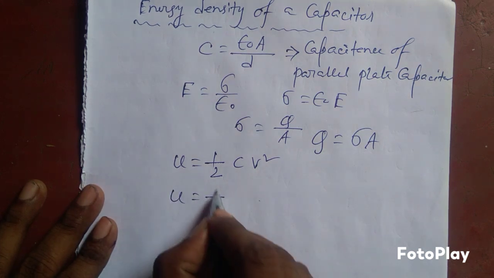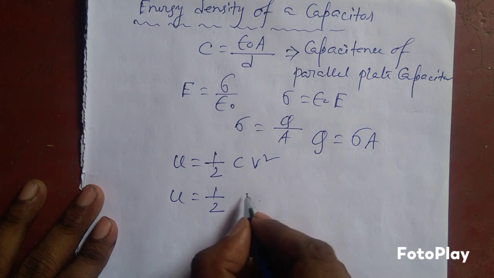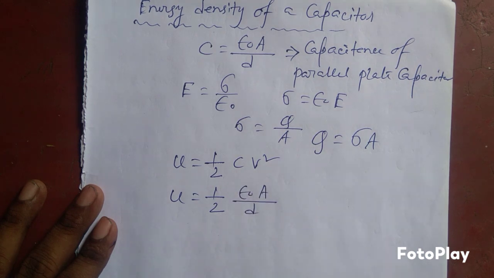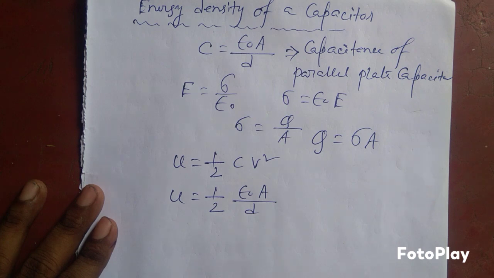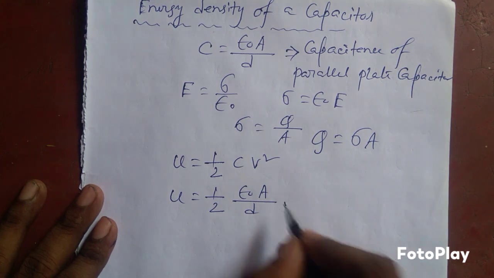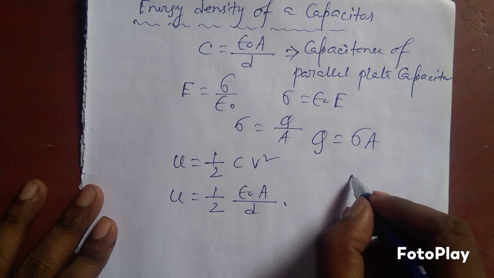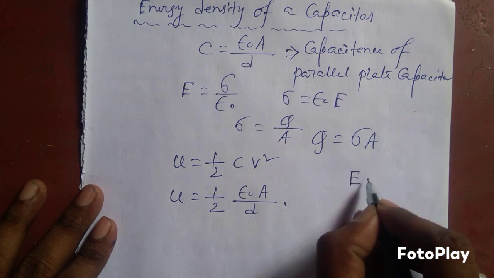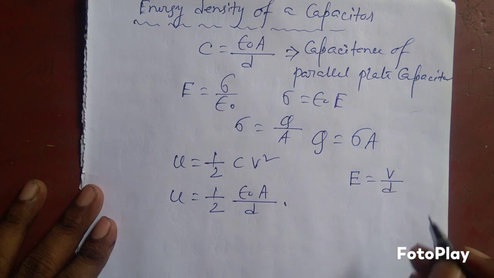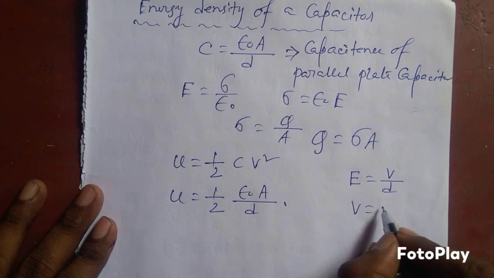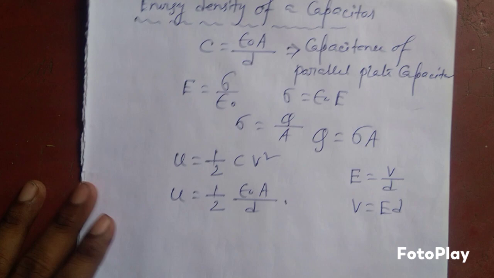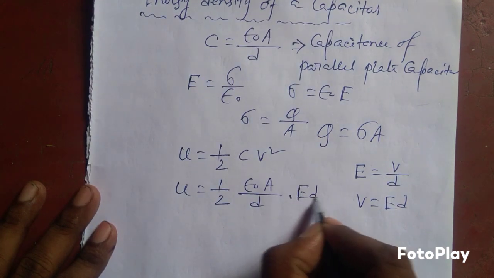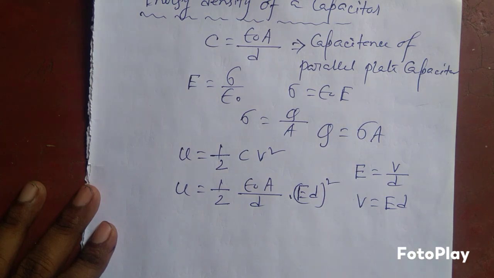So U equals half C, that is epsilon 0 A by D, times V square. We know E equals V by D, so V equals E into D, that is E square D square.